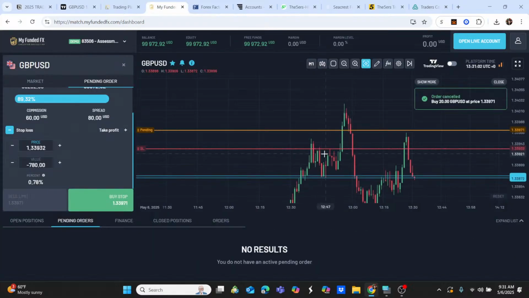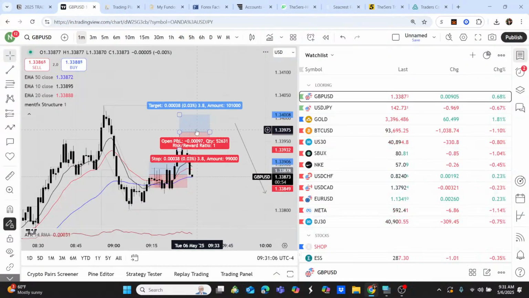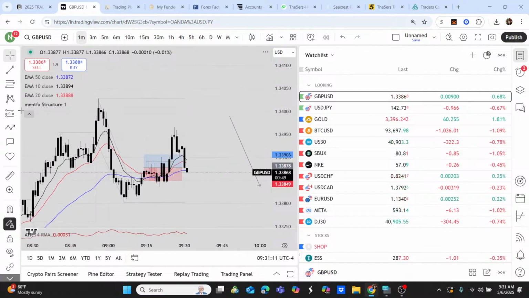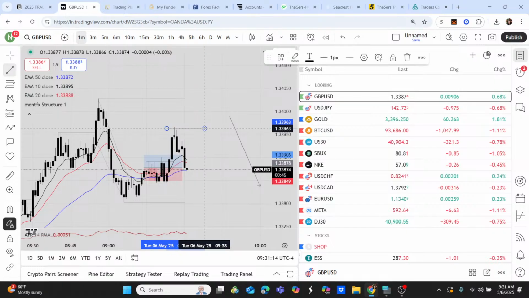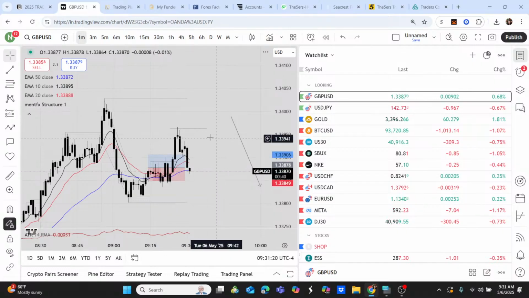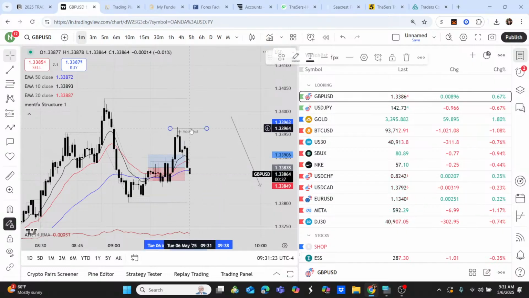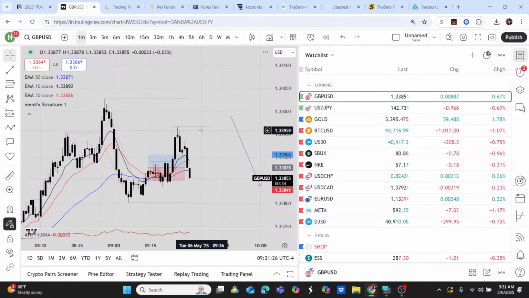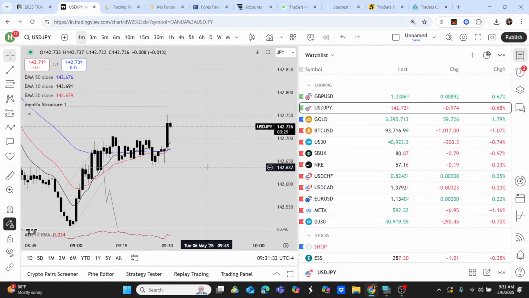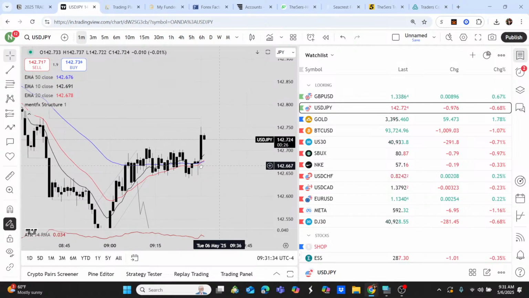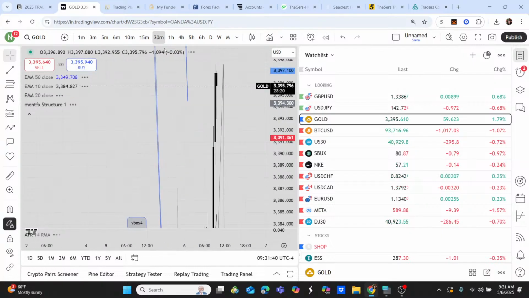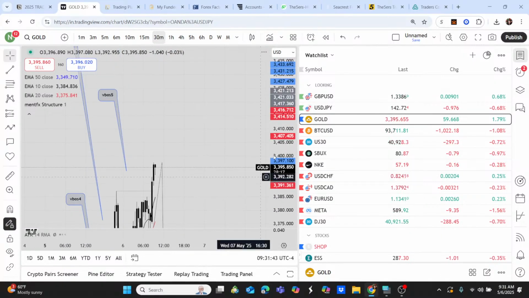So I'm gonna cancel this order right here. Simple like that. No trade taken right here. And if I still want to get involved with this, I basically need a break of this high right here. Let me see what USD JPY was doing. Nothing, just moved sideways. Gold not doing anything.